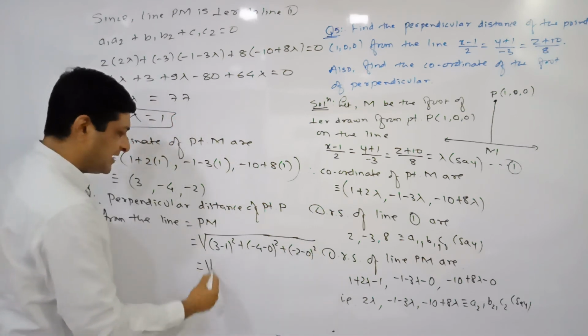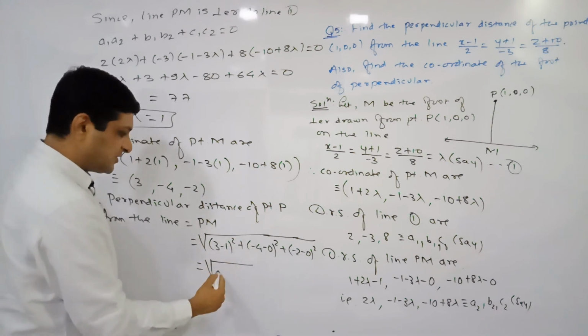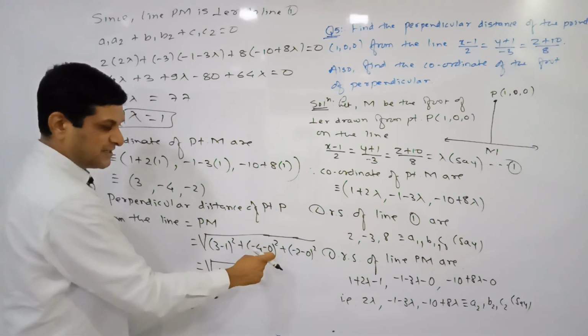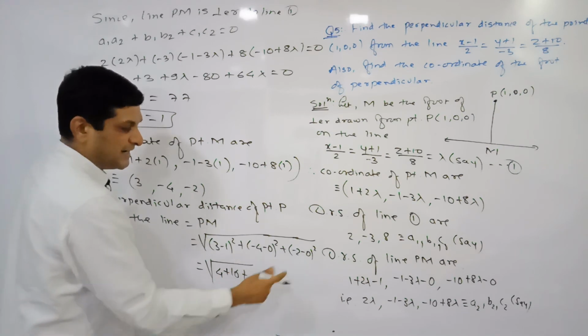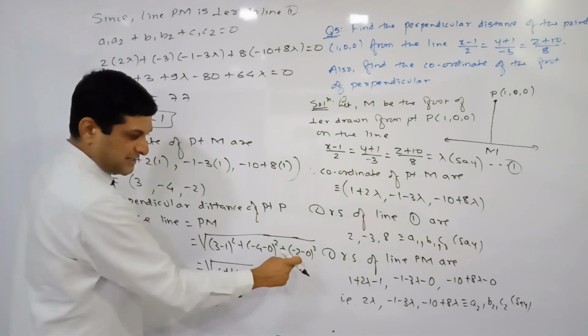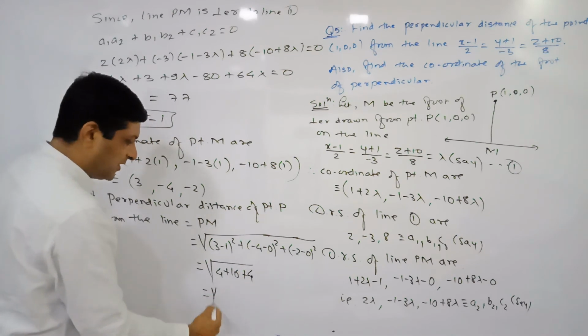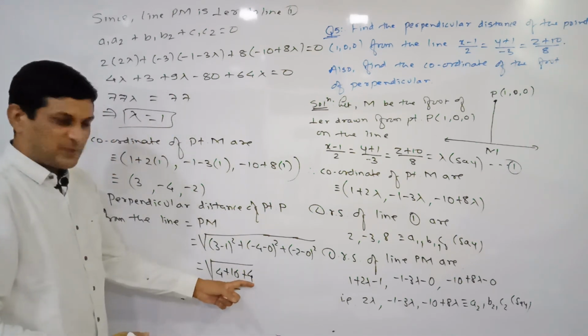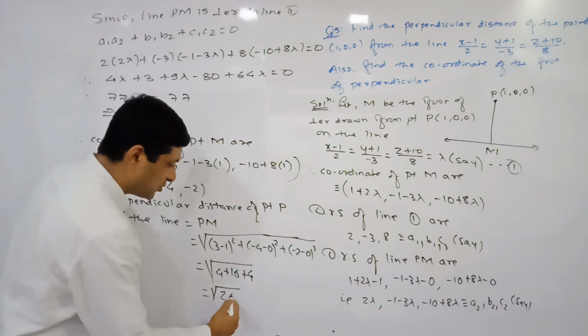Let us simplify it. Here 3 minus 1 is 2 and square of 2 is 4. Here minus 4 minus 0 is minus 4 and square of minus 4 is plus 16, and here minus 2 minus 0 is minus 2 and square of minus 2 is plus 4. So which is equal to under root 16 plus 4 is 20, 20 plus 4 is 24, under root 24.